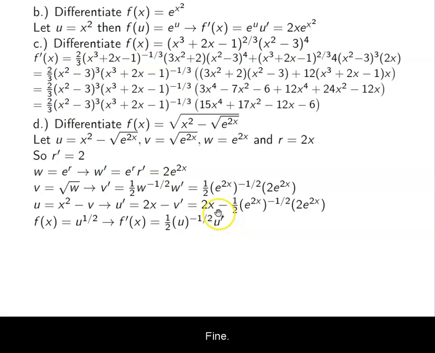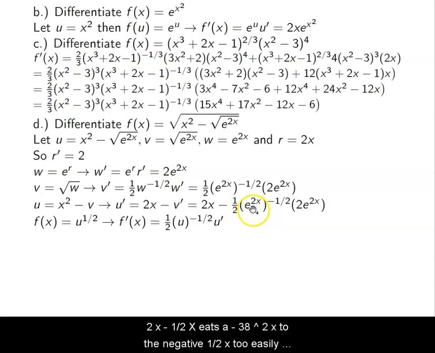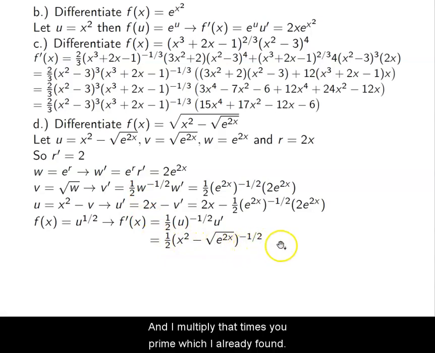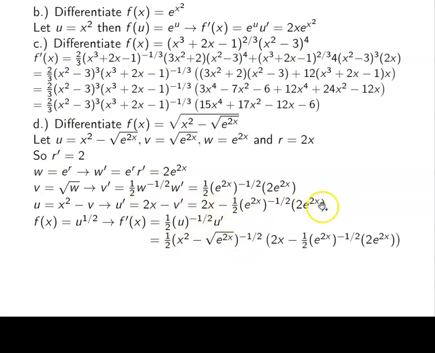U prime is 2x minus 1/2 times e to the 2x to the negative 1/2 times 2e to the 2x. So I just plug in my u, which is this thing, and I multiply that times u prime, which I already found here, in parentheses.